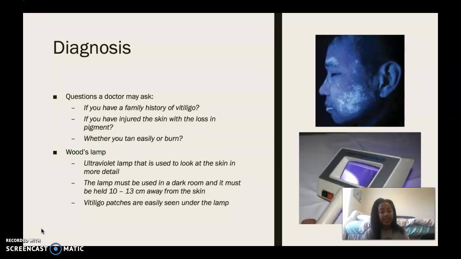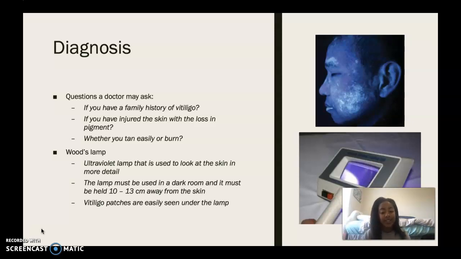To diagnose vitiligo, the doctor often will ask you questions about your family history, whether you've injured that part of the skin before, or if you tan or burn easily. To ultimately tell if it's vitiligo or a different type of depigmentation, the doctor will use a Wood's lamp, seen in the bottom right picture.